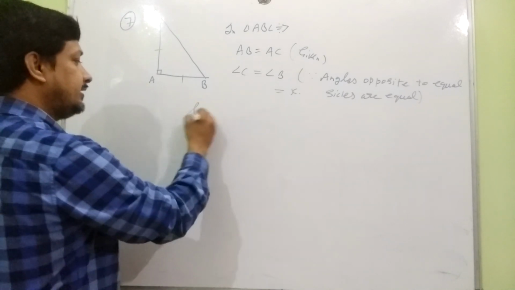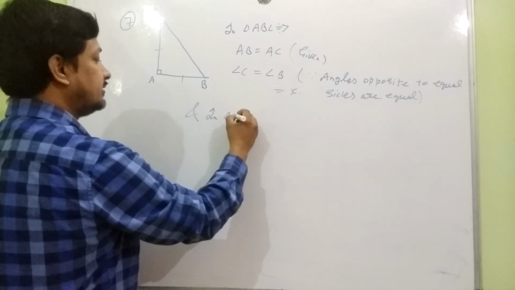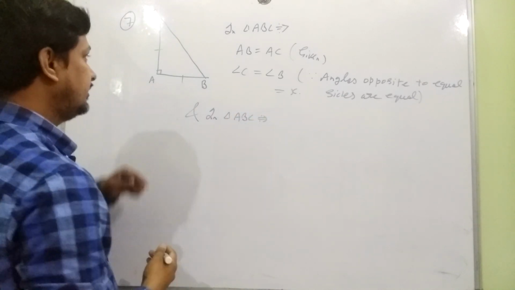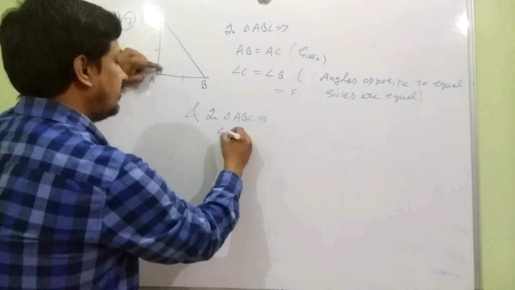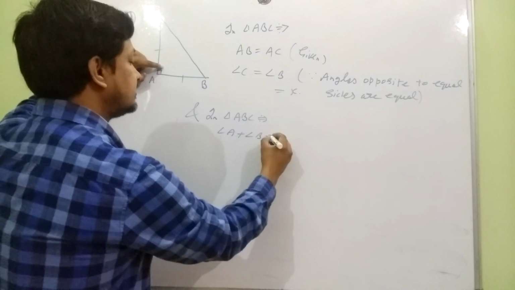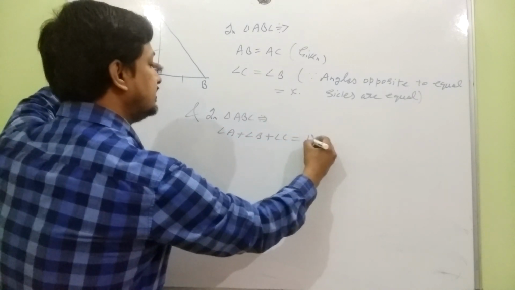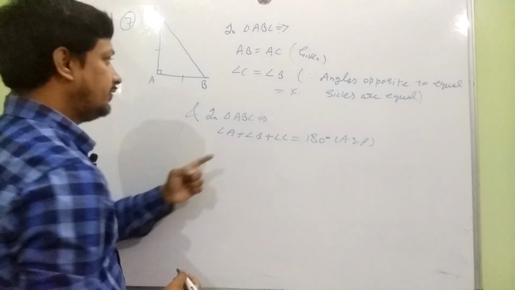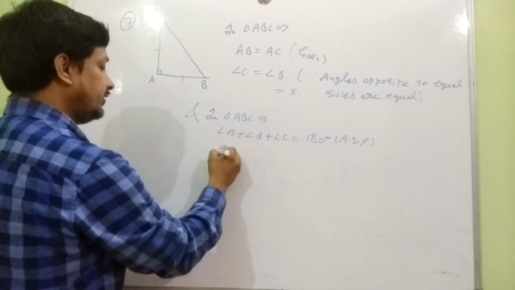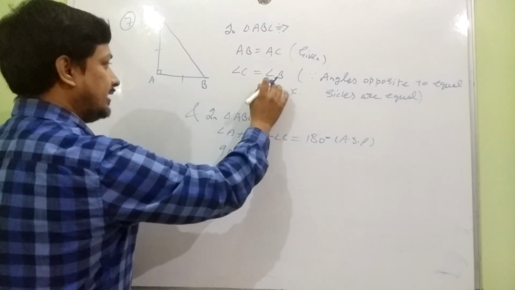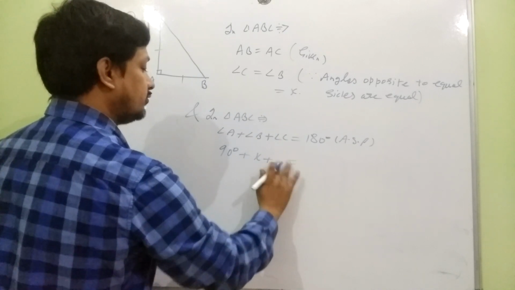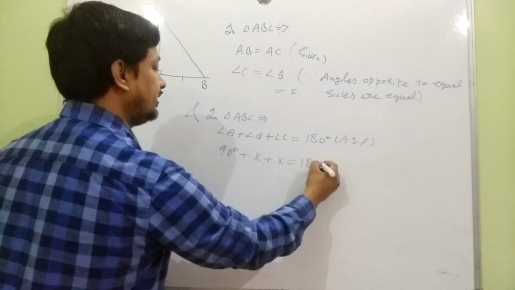Now again take triangle ABC. We can apply angle sum property, that the sum of the three angles of a triangle is always 180 degree. So the value of angle A is 90 degree. We know angle B is x and angle C is also x, as they are equal. So we have considered them to be x.